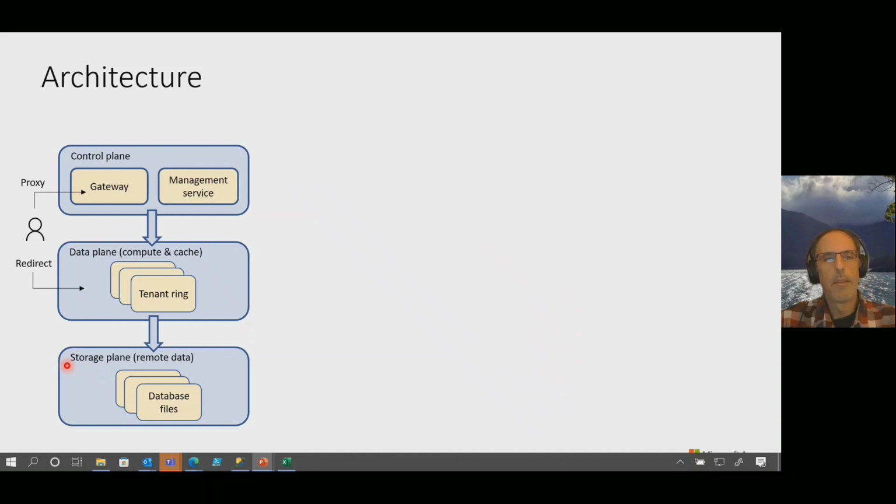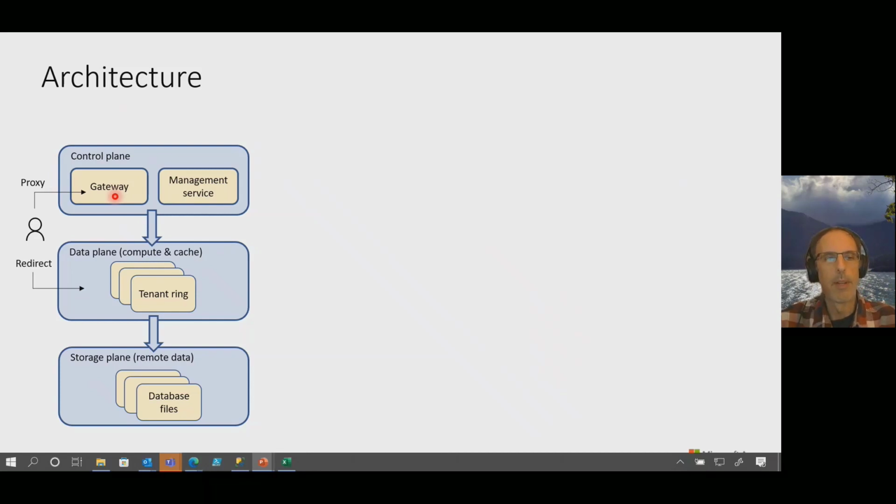So let's follow the lifecycle journey of a database that starts in the paused state and overlay that on top of this architecture. The client first attempts to connect to the database. That connection request is received by the gateway service, which will reject that first connection attempt because the database is paused.